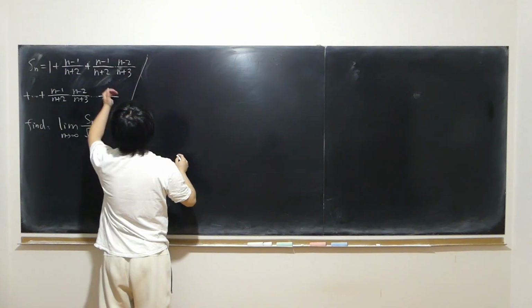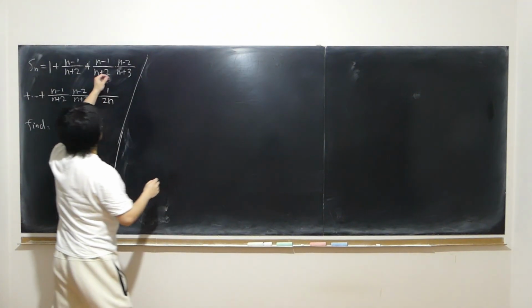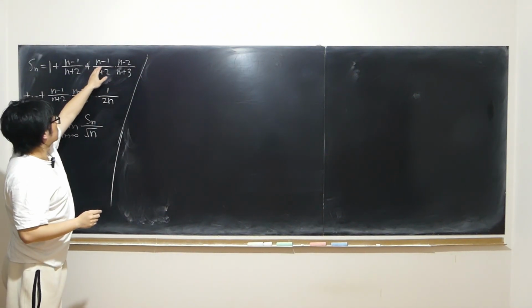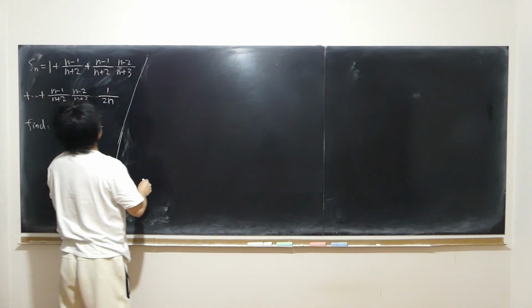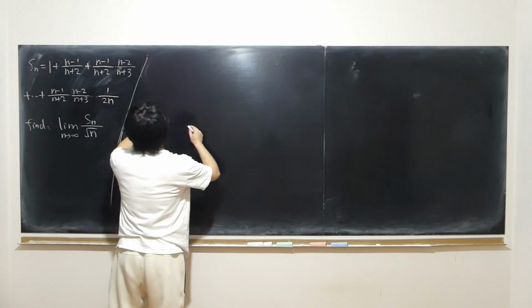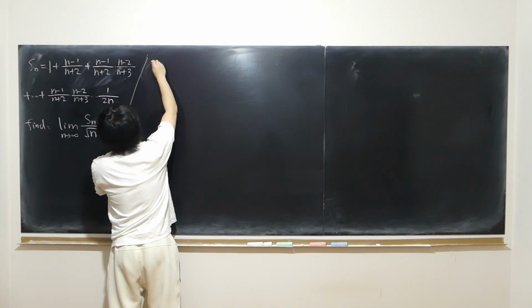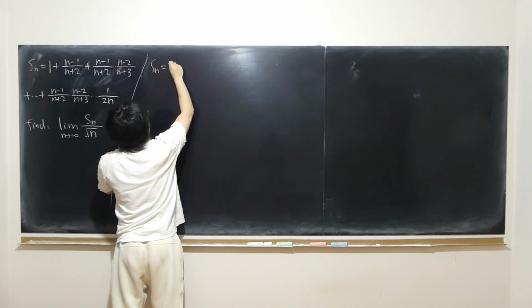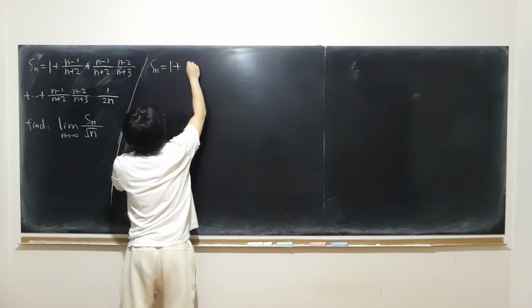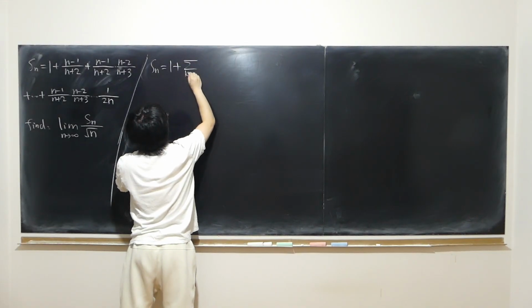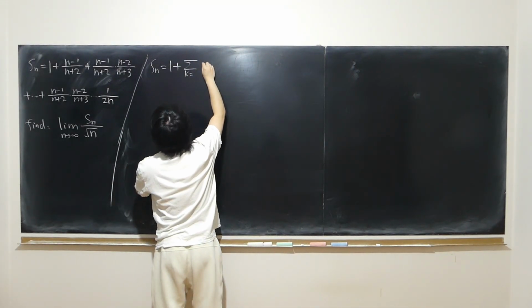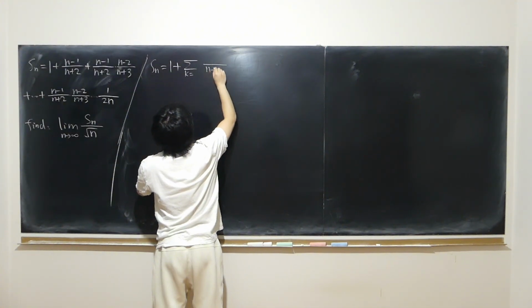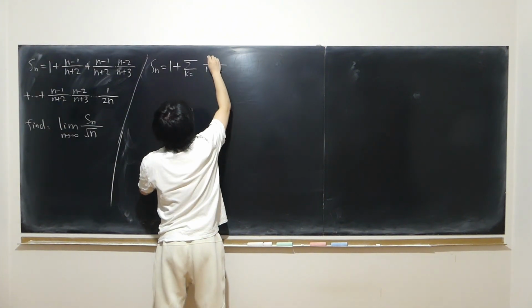Like I said, this n plus 2, the bottom keeps increasing, the top keeps reducing. If we use k, for example, can I write Sn as 1 plus the sum, k goes from, I can say n plus 2, n minus 1.